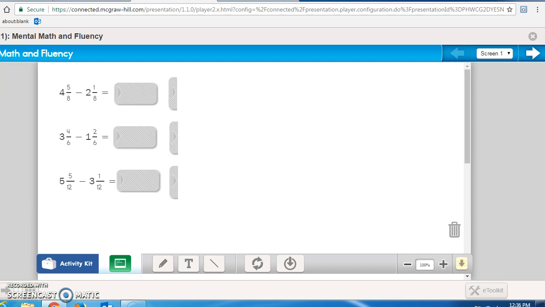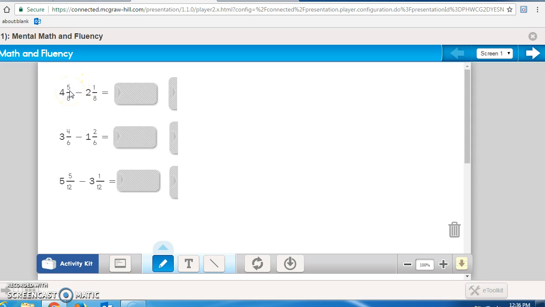But let's start first with our mental math and fluency. Look at the mixed number subtraction problems. I want you to solve them. Well, first of all, I'm going to teach you how to solve them more efficiently. First, we need to look at our numerators. Can I subtract one numerator from the other one?